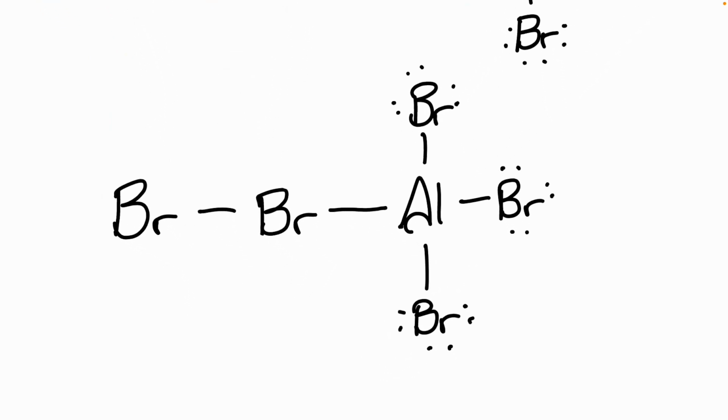Let's look carefully here. This bromine still just has its 3 lone pairs. What about this one that's attached to the aluminum? How many lone pairs should I put on there? Just 2. And if it's got 2 bonds and 2 lone pairs, what's the formal charge on that bromine? Positive.